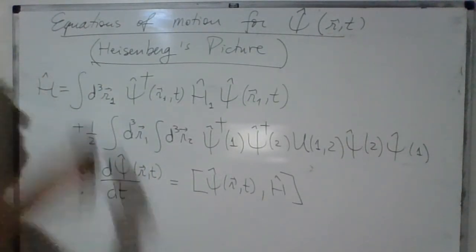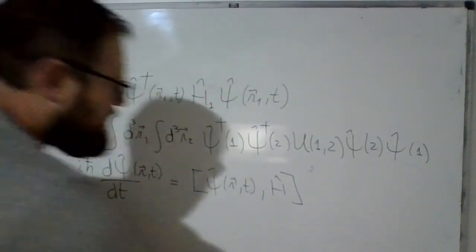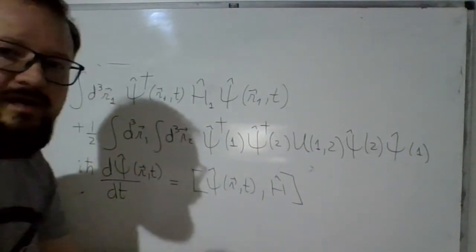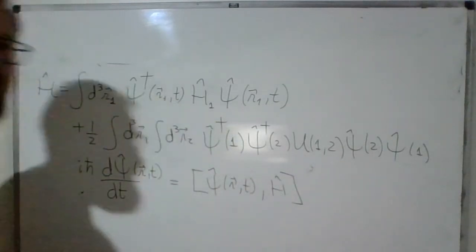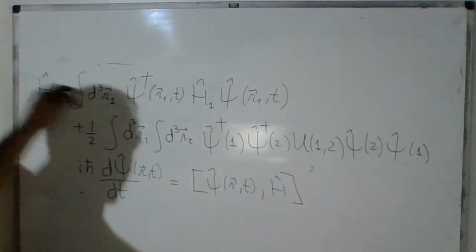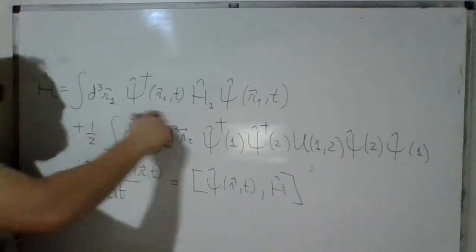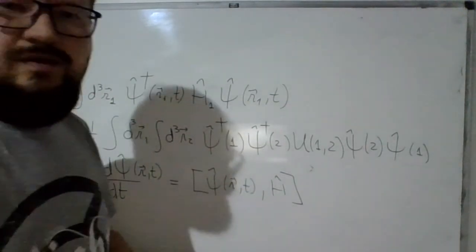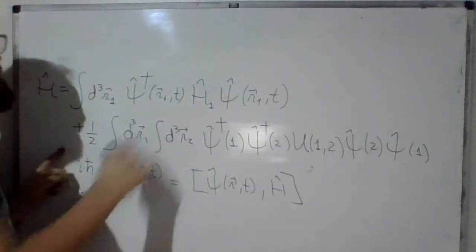But now I need to consider what the particles are to calculate that, if they are bosons or if they are fermions, for making the whole calculation. Okay, so we have two terms in the Hamiltonian. This is the part where you do not have interactions, and this is the interacting part.